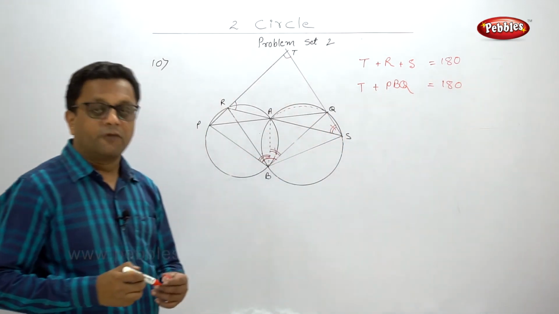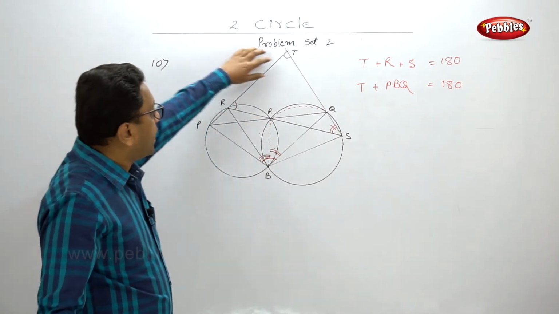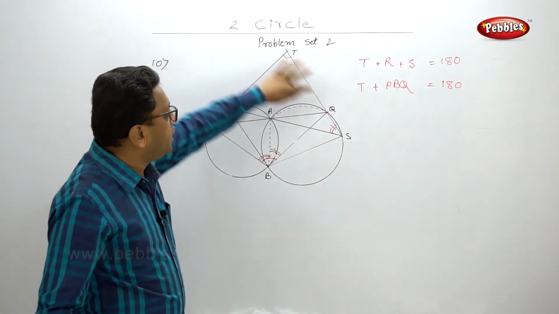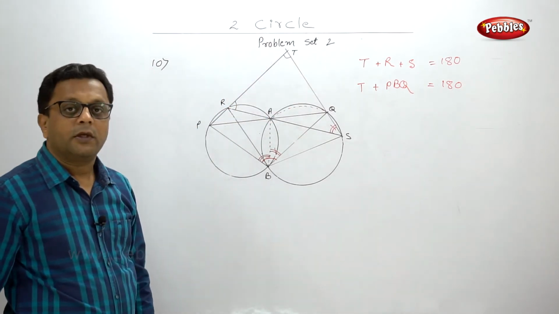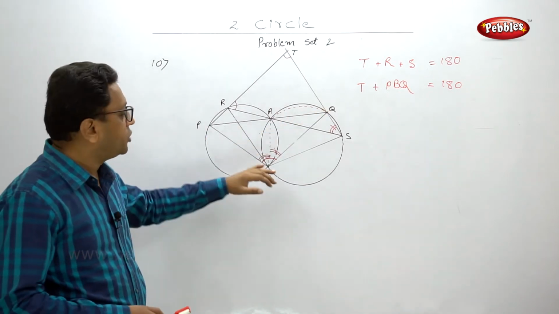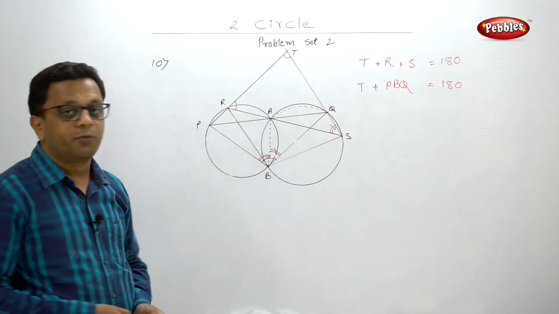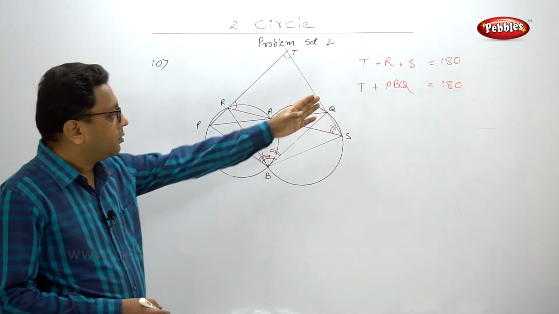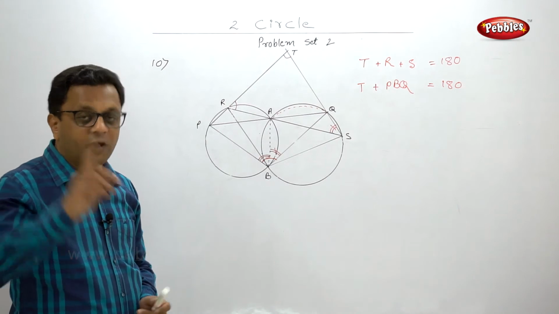Hence the first part is proved, that angle T, that is RTQ, is supplementary to PBQ. So these two angles are proved supplementary by this method. So the first part is over.